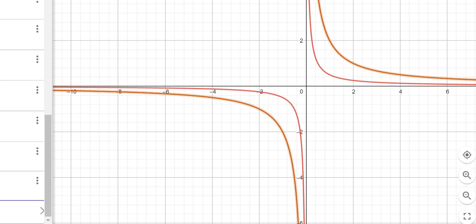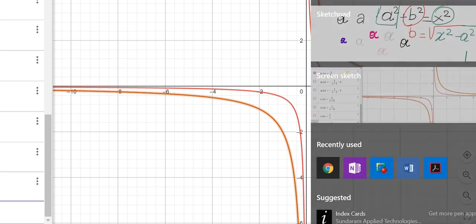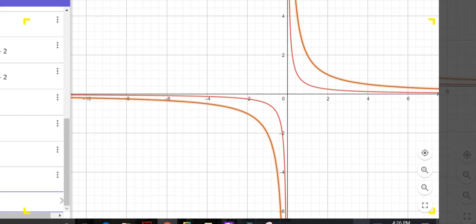The red one is 1 over 2x, and the orange one is 1 over 0.5 of x. You see the distance from the y-axis? That's what I want you to see.